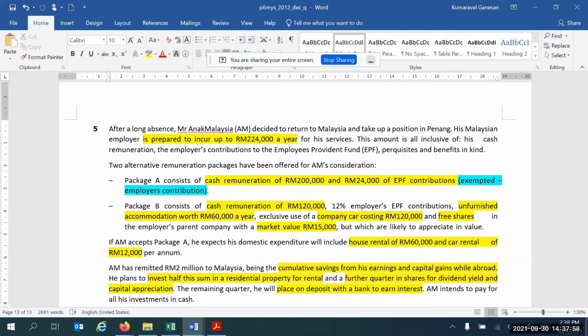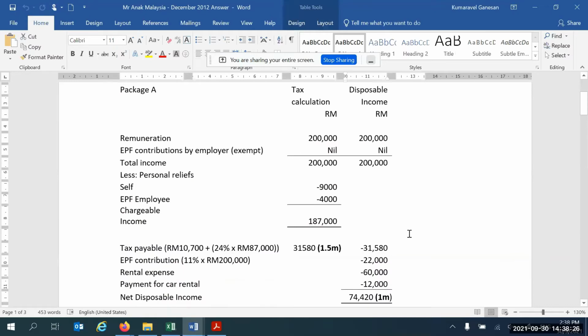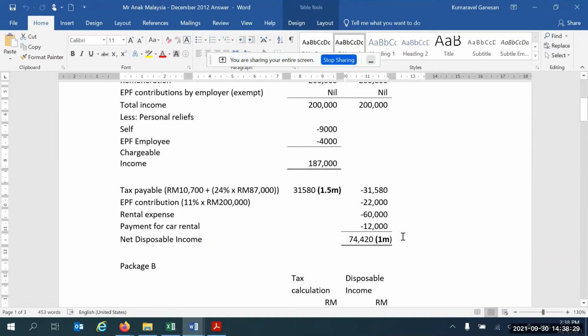So the employer is not paying for him, he has to incur the expenditure himself. So I must minus 60 and minus 12. Okay, so I got net disposable income, another 1 mark.